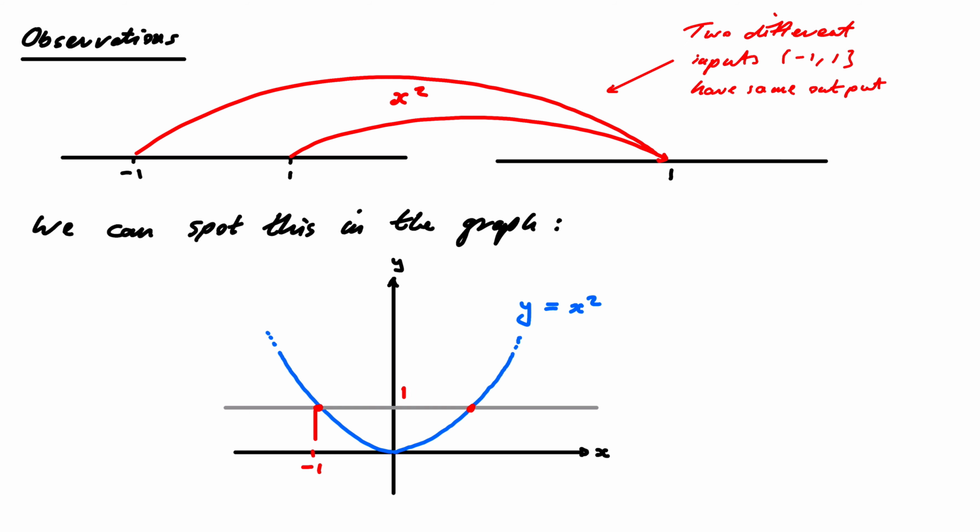It would go through 1 here, and this position would be 1 as well. So this basically is saying the output of the function at -1 and 1 is the same, it's equal to 1. So visually we can see this in the sense that there is a horizontal line which is crossing the graph at two distinct points in this case, or at least strictly more than one point.